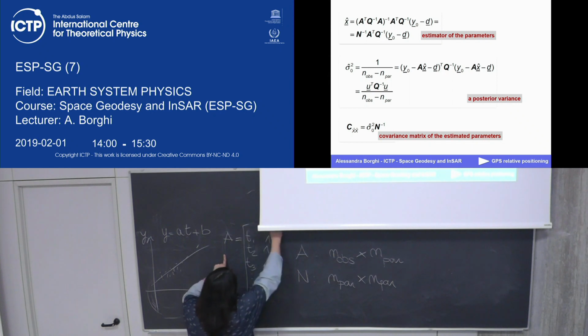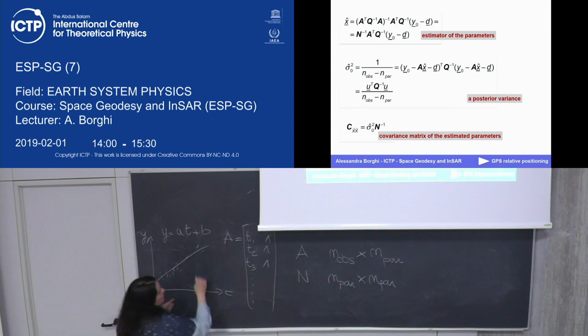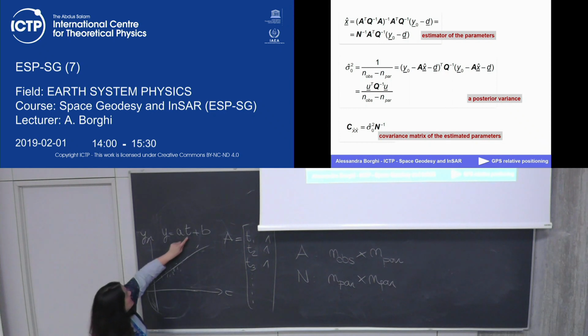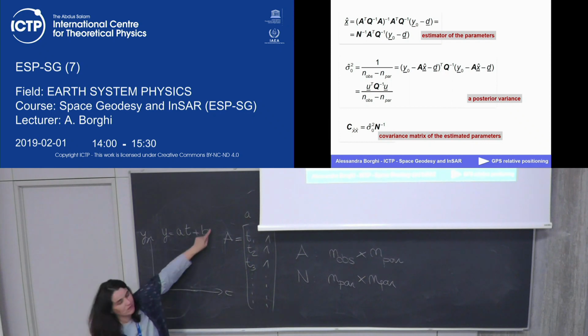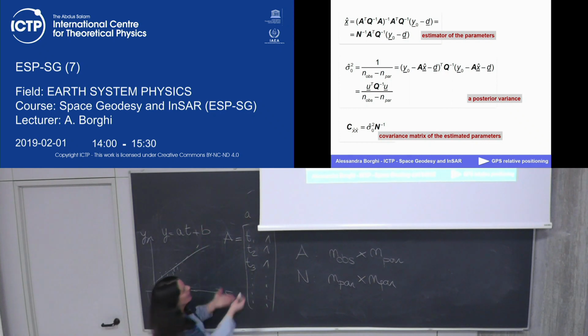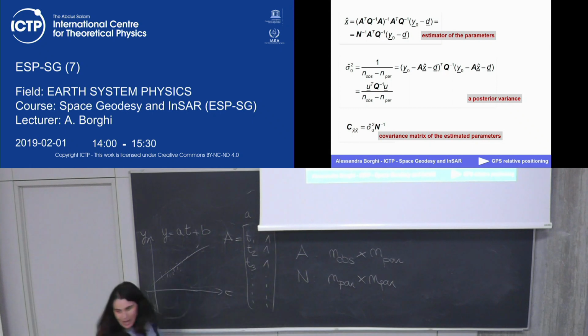It depends on the number of observations. We have T because this is the coefficient of these unknown parameters. And we have 1 because this is the coefficient of this parameter, so it's always 1.